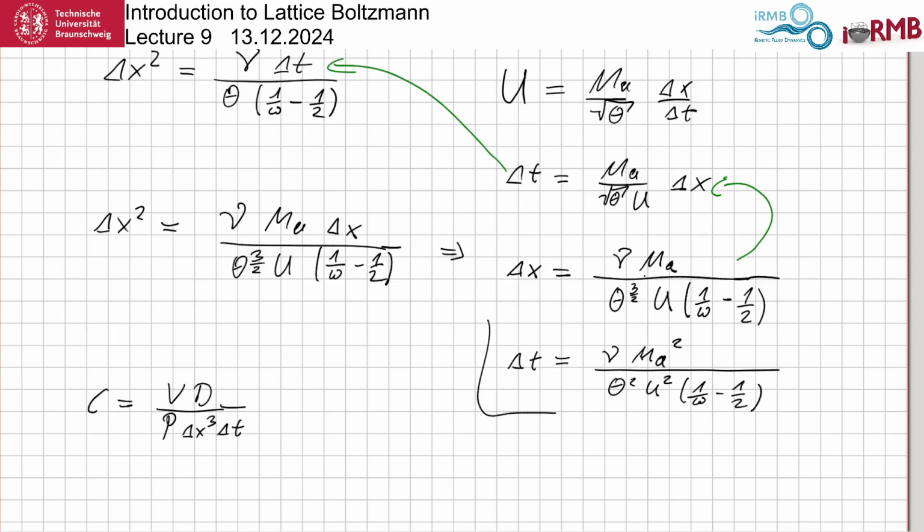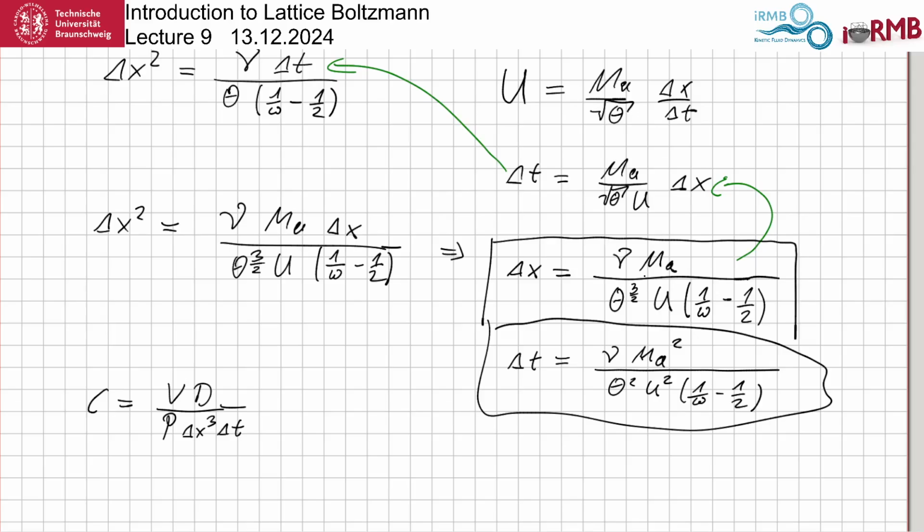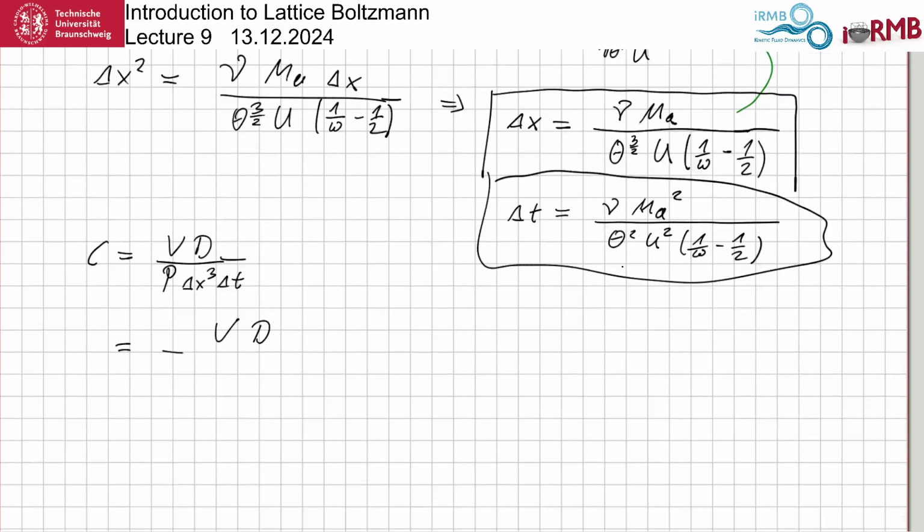So now we have delta t and we have delta x, and these two things we can introduce in our cost function. We have the volume times the duration. These are physical parameters, not our choice. The performance of our code is given by the computer and how well we programmed things.